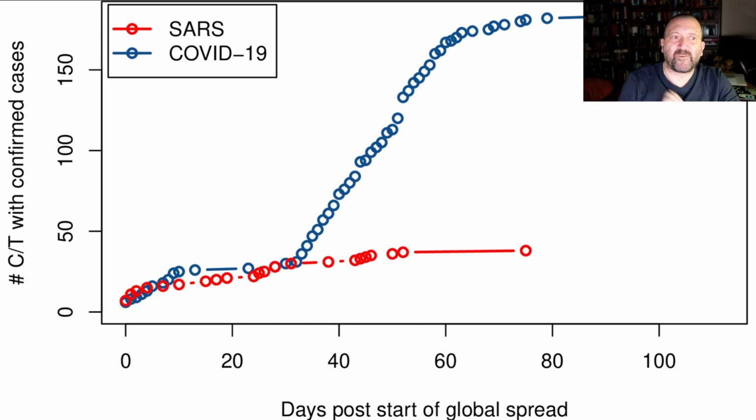In terms of the spatial spread of the disease, to illustrate the speed of spread, what I'm showing you here is the number of countries or territories, so top-level administrative jurisdictions, that are reporting cases of SARS, so SARS-CoV-1, and SARS-CoV-2, so COVID-19, as a function of the number of days since the start of spread.